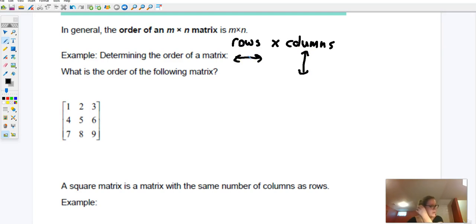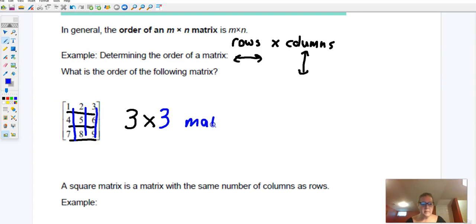So if you're getting in a row in a theater, you're going across a row. Columns, like Greek columns, go up and down. So the order of this matrix is defining how many rows and columns. So there are 1, 2, 3 rows and 1, 2, 3 columns. So this is a 3 by 3 matrix. That is the order of the matrix.